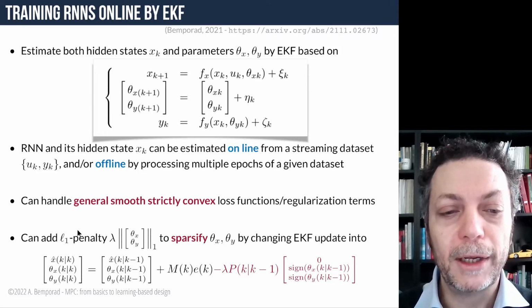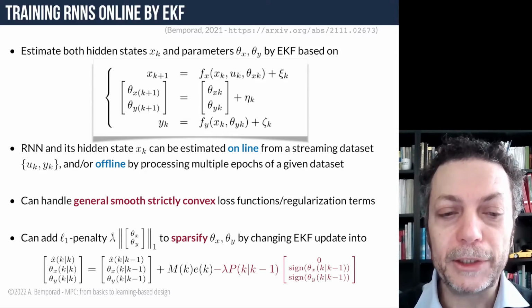For example, I've been showing L1 penalties that you introduce to try to sparsify the model, so try to make some of the parameters equal to 0, depending on how large the penalty lambda you introduce is.